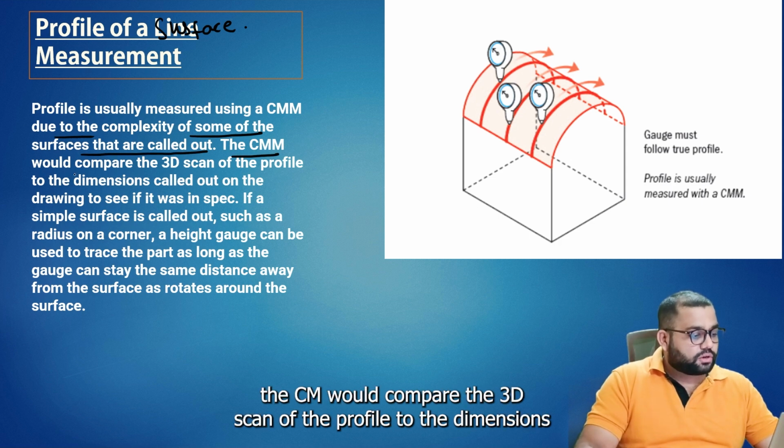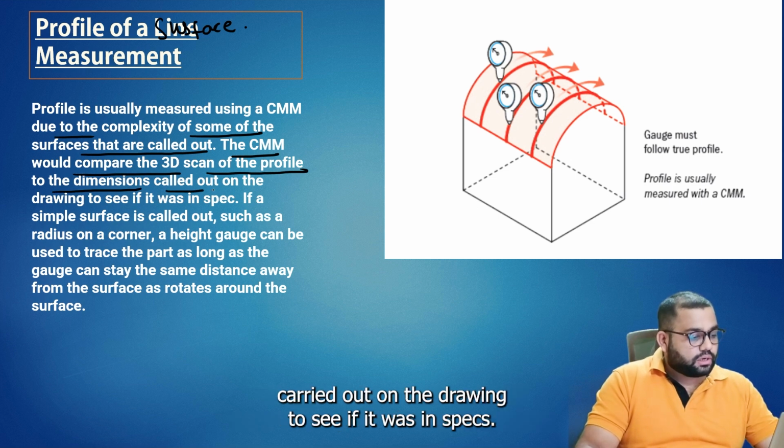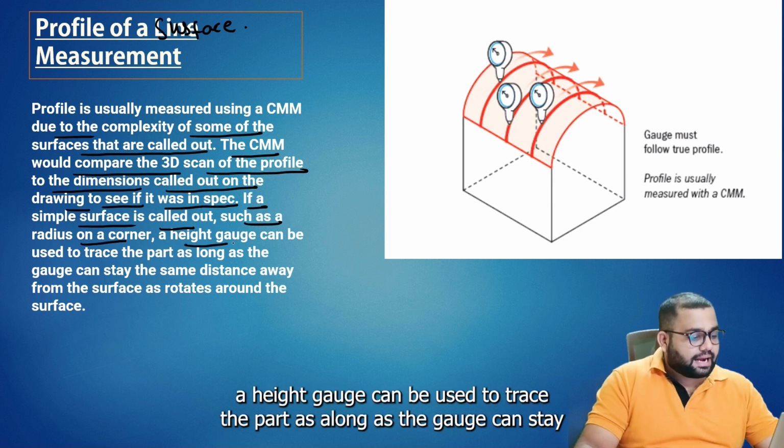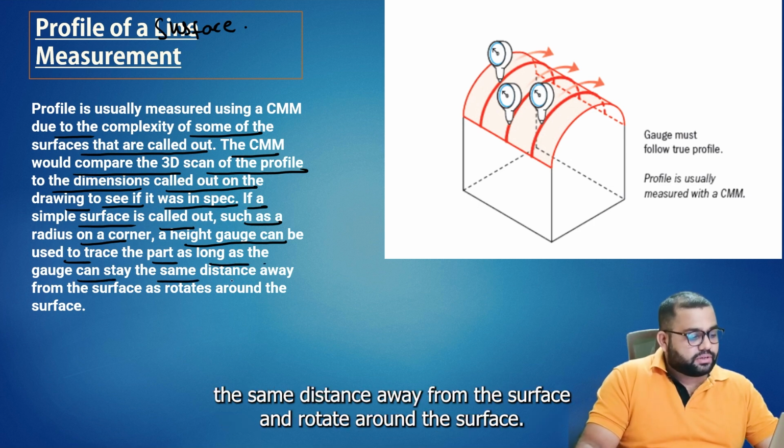The CMM would compare the 3D scan of the profile to the dimensions called out on the drawing to see if it was in spec. If a simple surface is called out, such as a radius or a corner, a height gauge can be used to trace the part, as long as the gauge can stay the same distance away from the surface as it rotates around the surface.